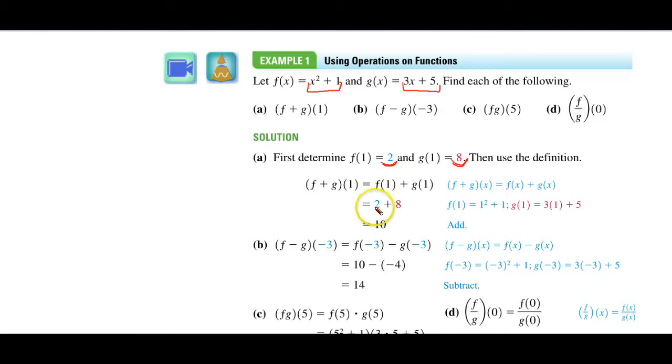And now we add the 2 and the 8 together, and we get a 10. So again, as long as you understand what's going on here, they're giving you the value to substitute for the x. You calculate this, calculate that, add them together. Now we need to go up a little bit to see our next thing.